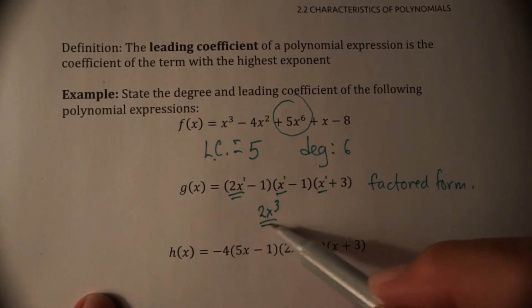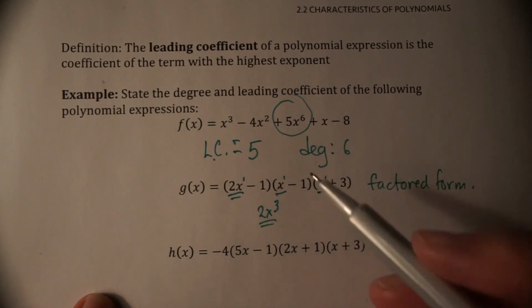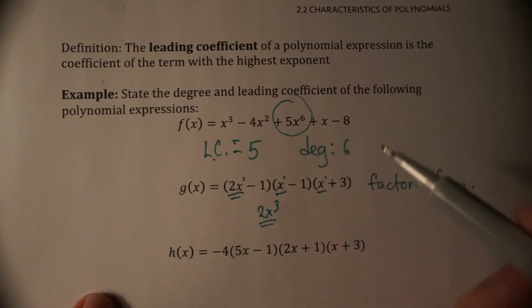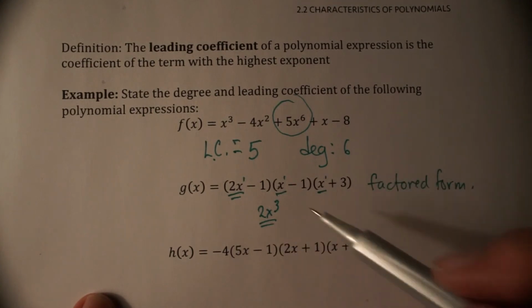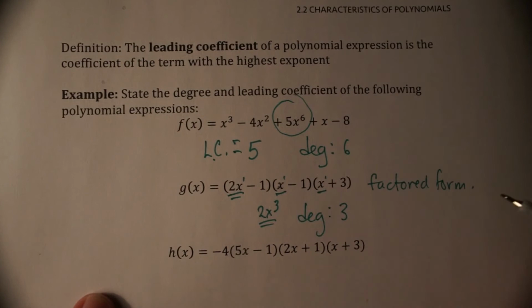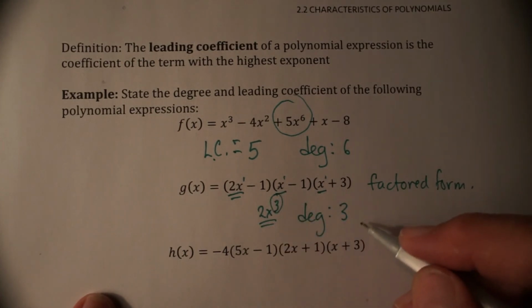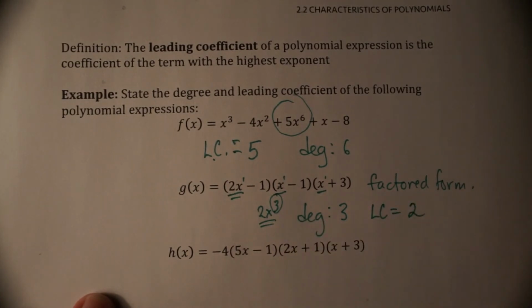That's going to be my highest powered term. There'll be some other terms too, but in terms of the degree and the leading coefficient, I don't really care about those other terms. I really only care about the highest powered term. So for sure the degree is going to be 3, because that's the highest power, and the number in front of it, the leading coefficient, will equal 2.